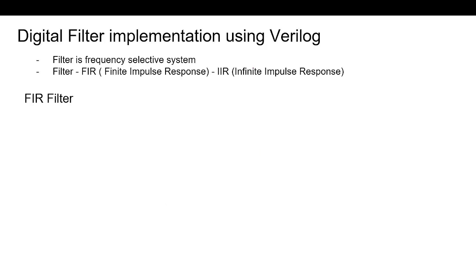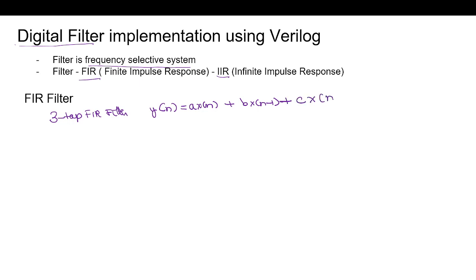The next important circuit is the digital filter. So it is a frequency selective network. There are two types, FIR and IIR. IIR is infinite impulse response and FIR is finite impulse response. So if we consider say a 3-tap FIR filter, then my output y of n is a x of n plus b x of n minus 1 plus c x of n minus 2.